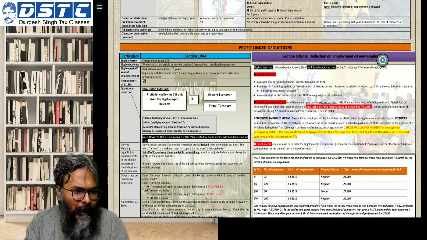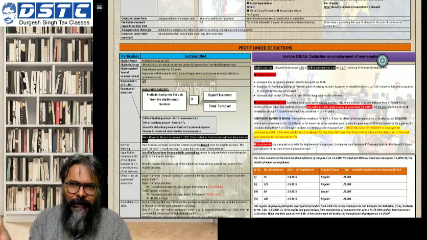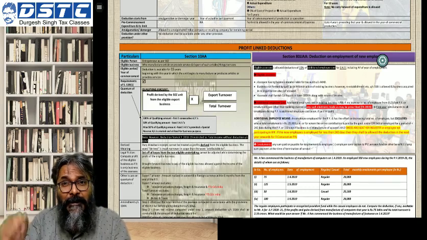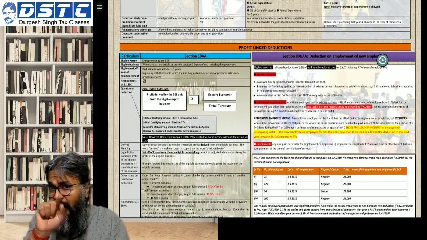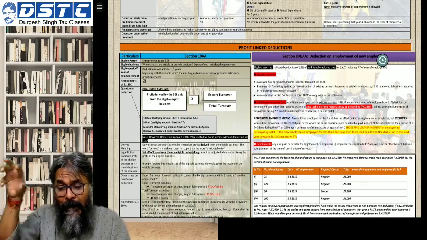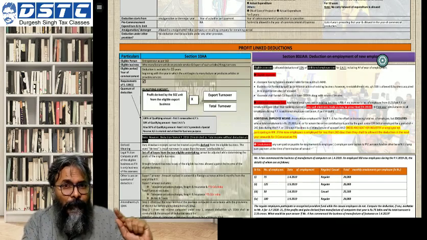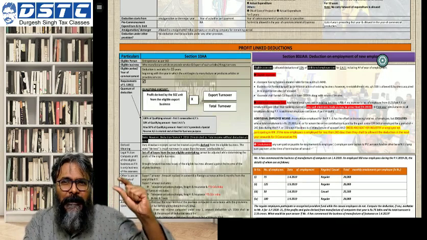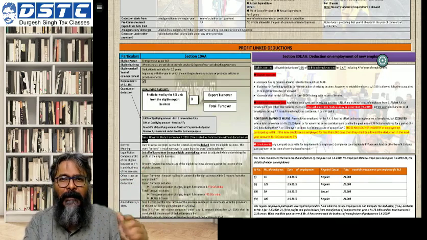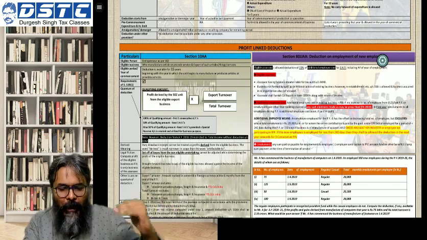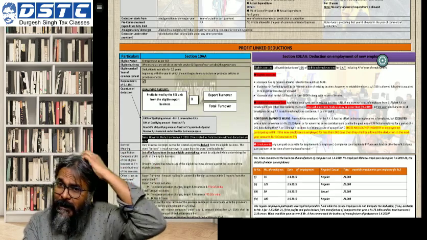On that note, the consequential deduction is also provided to you in section 10AA in respect of the profit determined by this SEZ unit. This section will tell you how much of the profit will be allowed for the purpose of deduction under section 10AA.